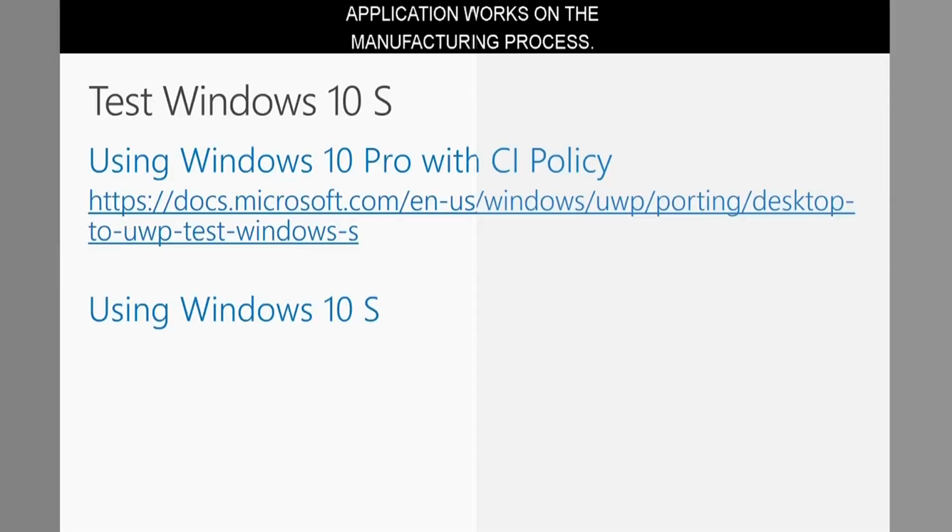The other way is using Windows 10 Pro with the CI policy. On Windows 10 Pro, WinDBG works, so you'll be able to debug or test the system with Windows 10 Pro. Then add a CI policy, which you can check at this link, and you'll be able to make the system behave like Windows 10 S while it's actually Windows 10 Pro.